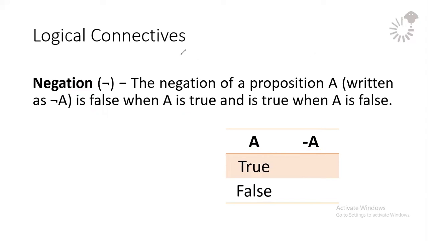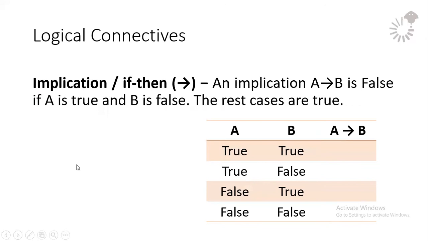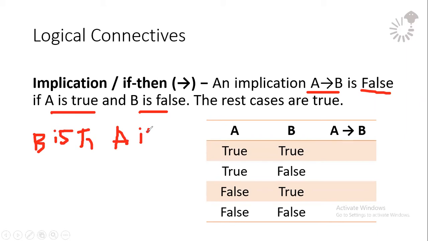Next, we have implication. For implication, if-then, denoted by an arrow, A implies B, the answer is false if A is true and B is false. Or it can also be B is true then A is false.